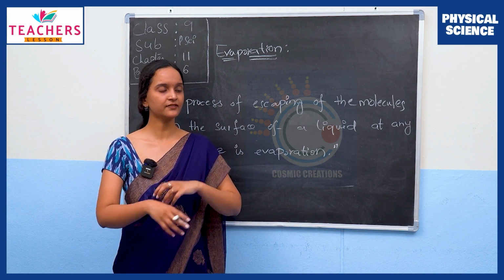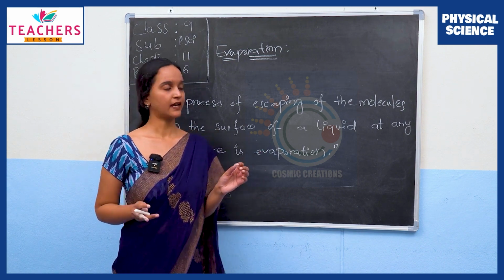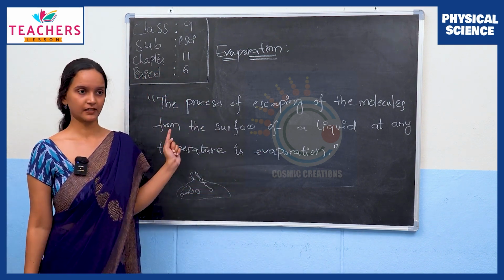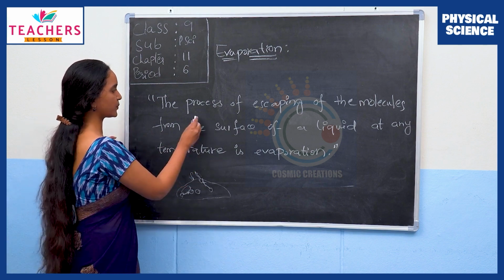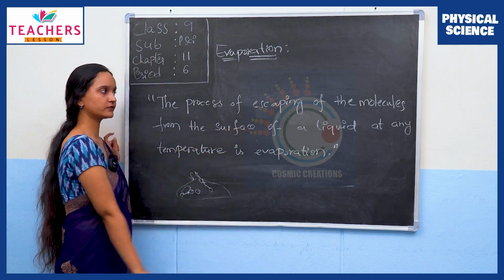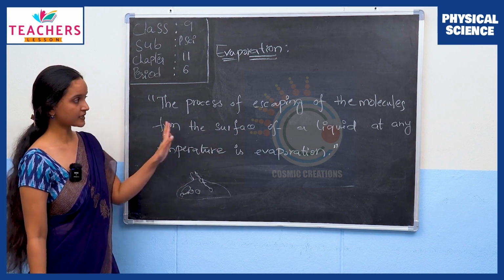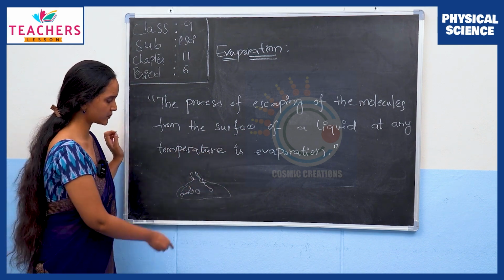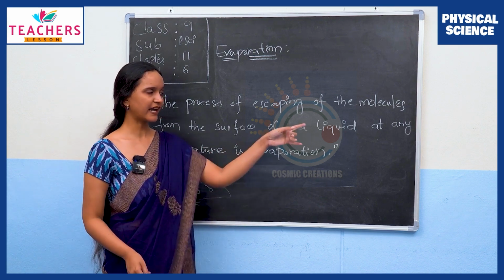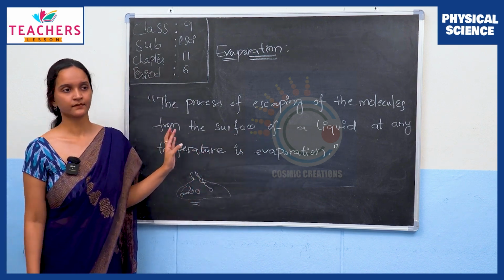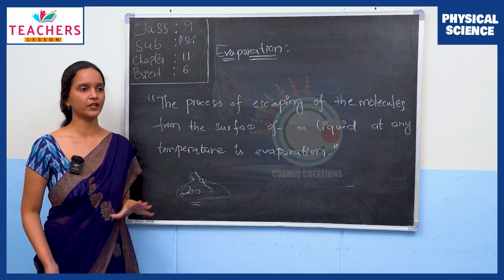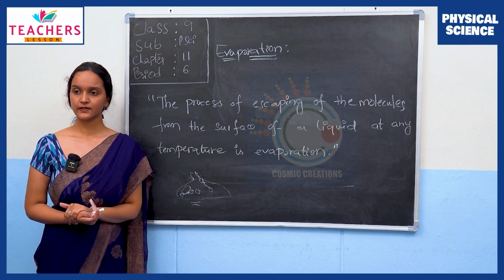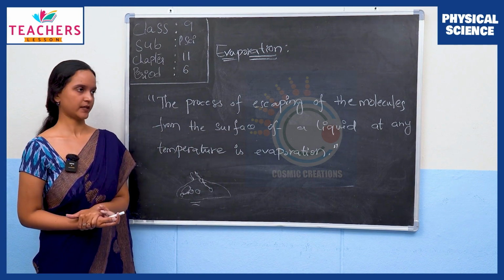That means they have evaporated, and hence evaporation is defined as the process of escaping of the molecules from the surface of a liquid at any temperature. Now this process can occur at any temperature, that is evaporation. Any questions? No questions. Okay.